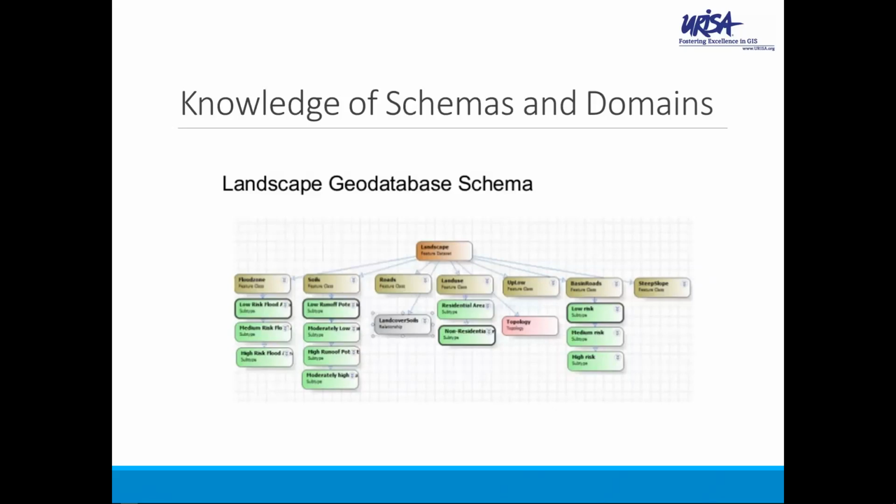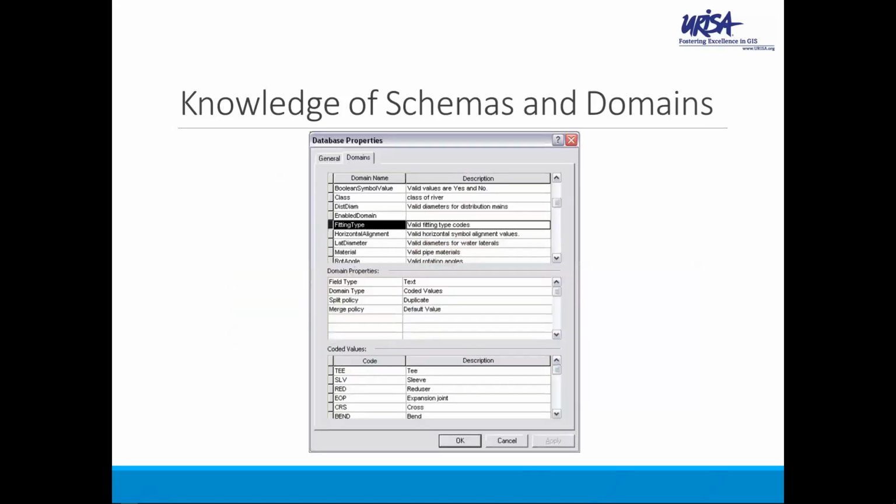So we've gone in, we've got a landscape feature data set in there, and then we have separate feature classes that are underneath of that, and then the various subtypes that are associated with that. Along with that, you're probably going to want to understand domains.